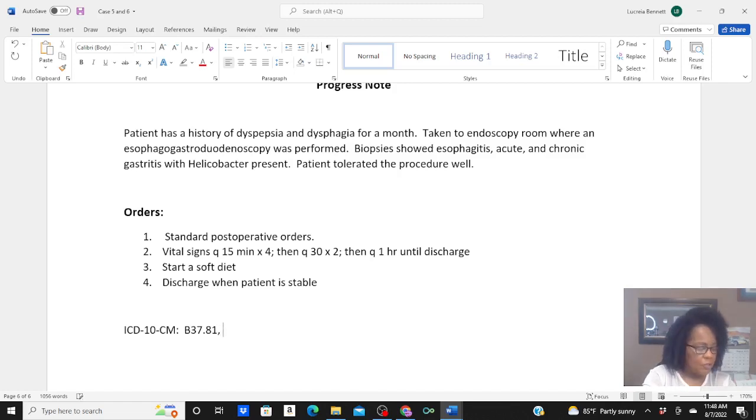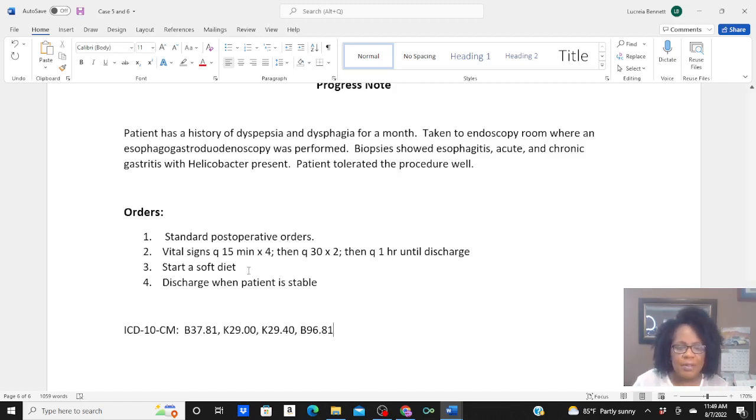Your patient also had acute gastritis, K29.00. Patient had chronic gastritis, but it was due to the H. pylori, K29.40, because remember the type of gastritis takes precedence over the chronic. And then identifying the H. pylori, B96.81.